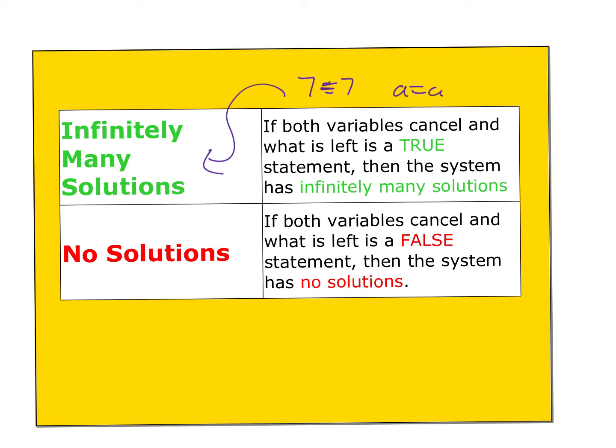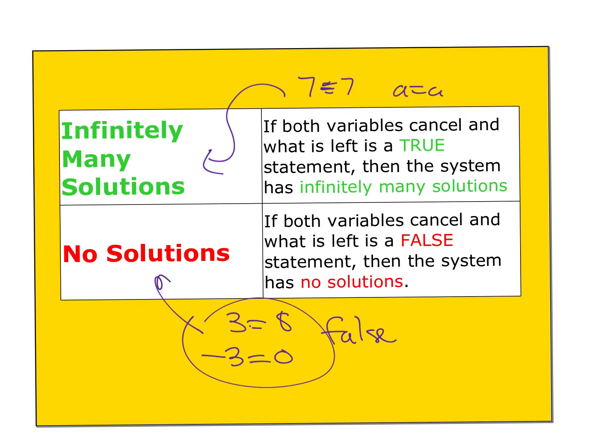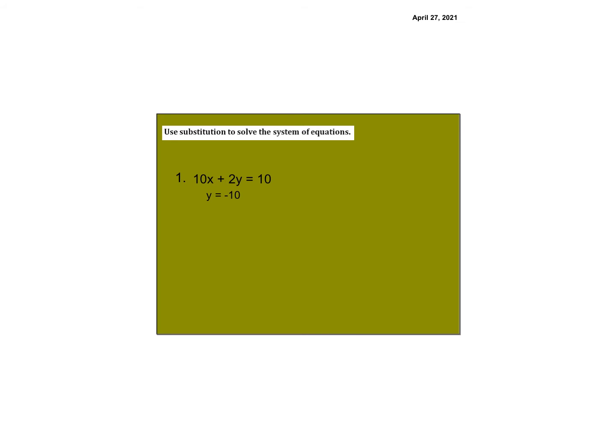If you get something that is mathematically true, that is infinitely many solutions. Versus if you get something that is false, like 3 equals 8, or negative 3 equals 0, those are false statements, and that is my clue that there are no solutions. That's my hint. So let's look at what I'm dealing with here.